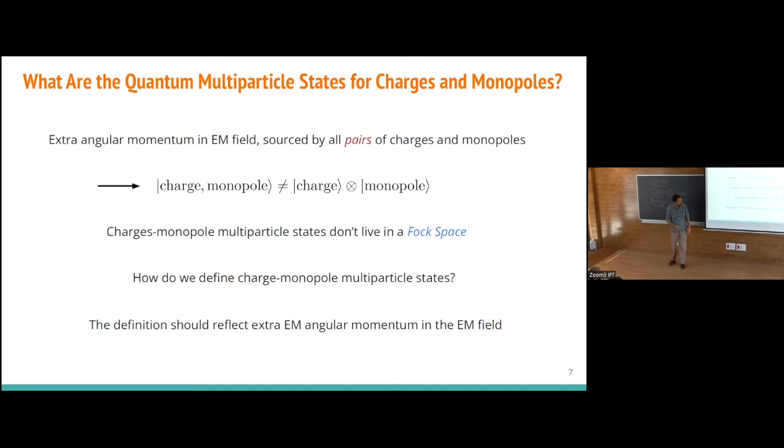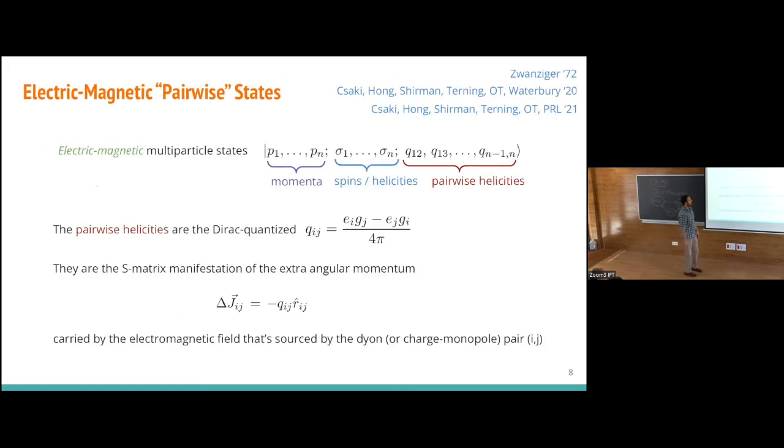The correct answer is that it's not a Fock space, it's the product of single particle states times the coherent state of photons, which has an indefinite number of particles. So we have to redefine what we mean by multi-particle states of charges and monopoles, and this we did in a paper already 2 years ago.